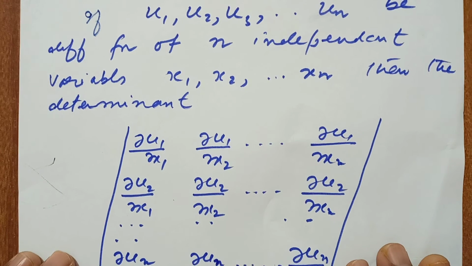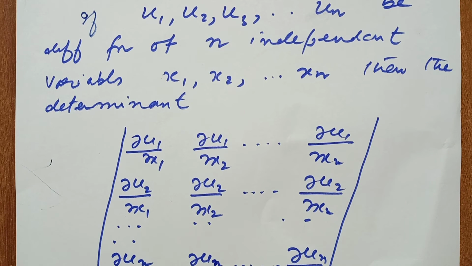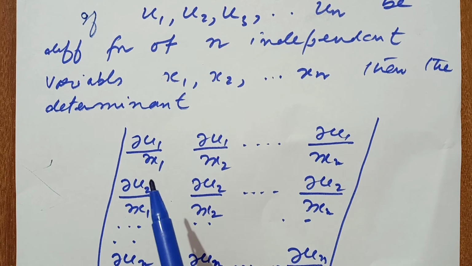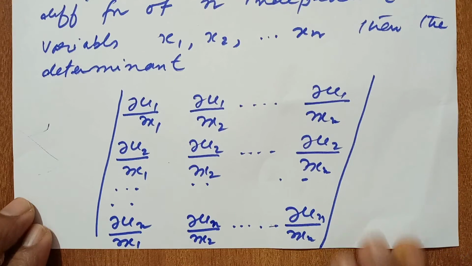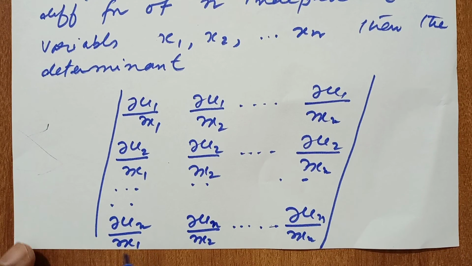In the first row we write the partial derivatives of u1 with respect to x1, x2 up to xn. In the second row, the partial derivatives of u2 with respect to x1, x2 up to xn. And similarly, in the last row, the nth row, del un upon del x1, del un upon del x2 up to del un upon del xn.